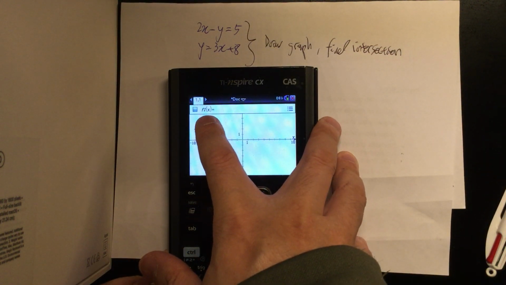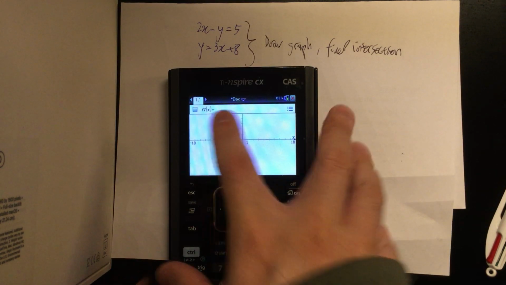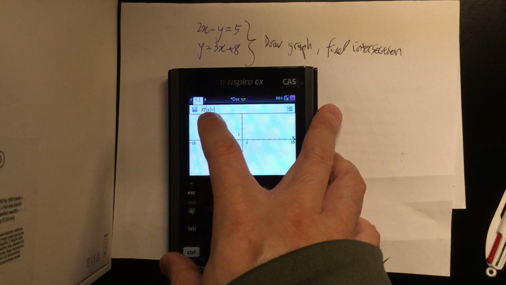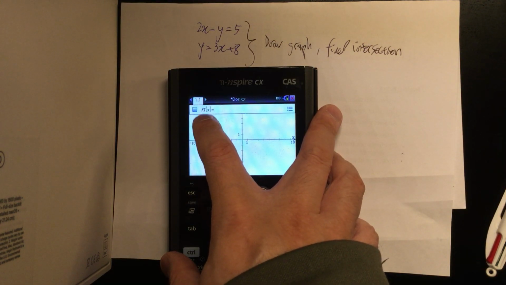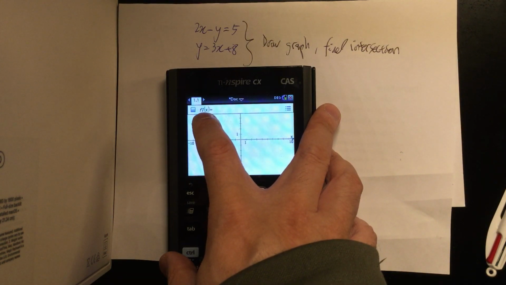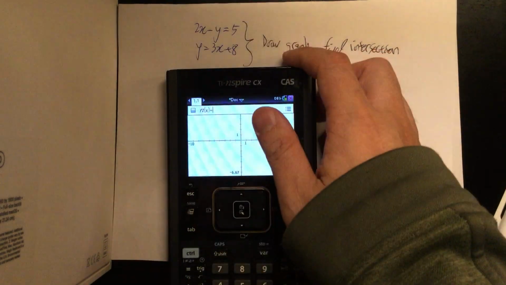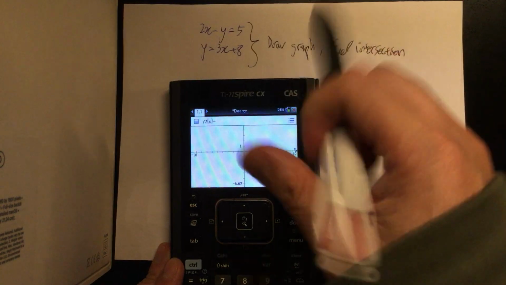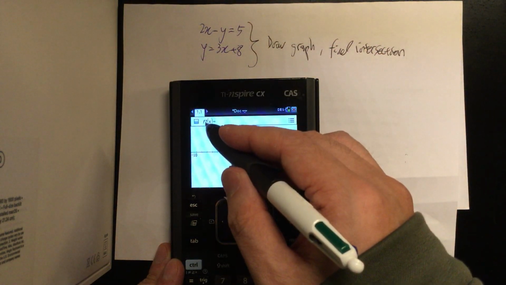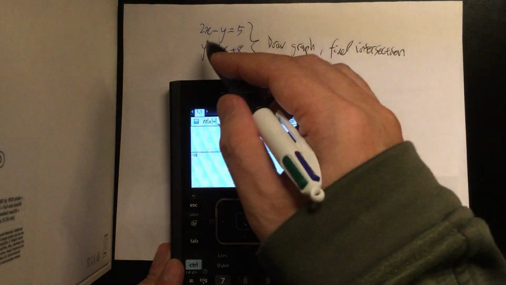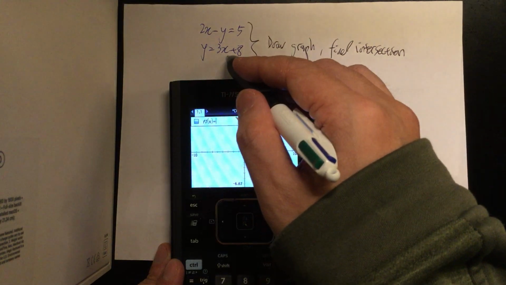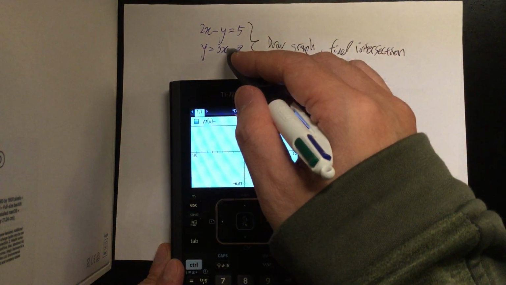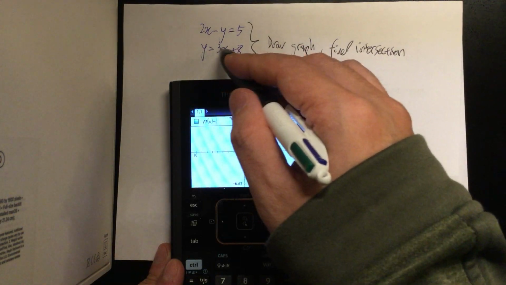f1 of x. Now, a lot of you get a little bit intimidated by that kind of notation, but that's how graphs will look as you move into year 12 and beyond. What this is trying to say is function 1 of x. So for example, that equation here is a function of x.